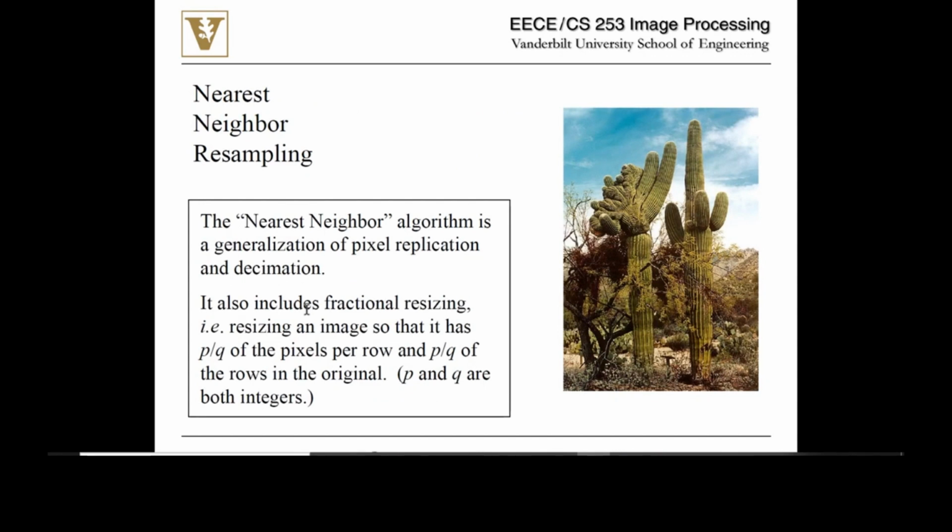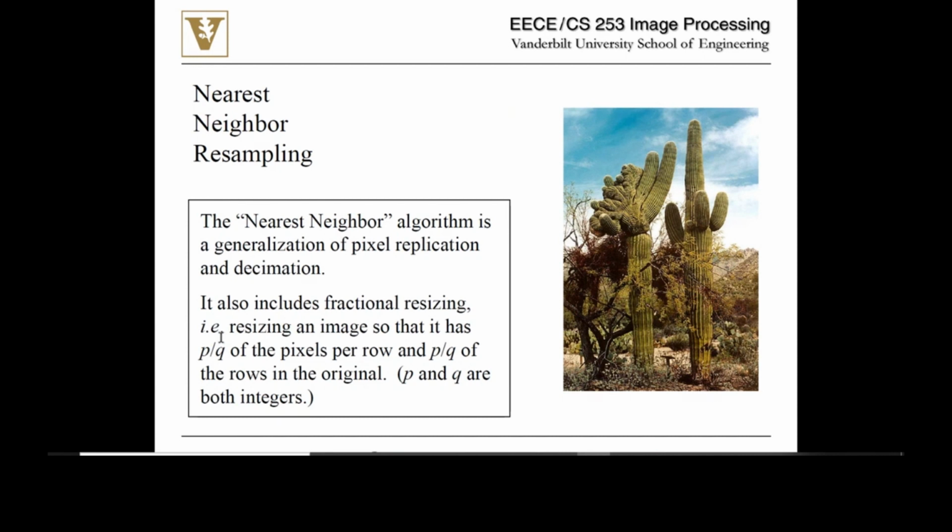Then we have seen this nearest neighbor interpolation applied to integer factors. So we can upsample by a factor n, downsample by a factor n, but we can combine the two operators in a single operator that has a fractional scaling factor.